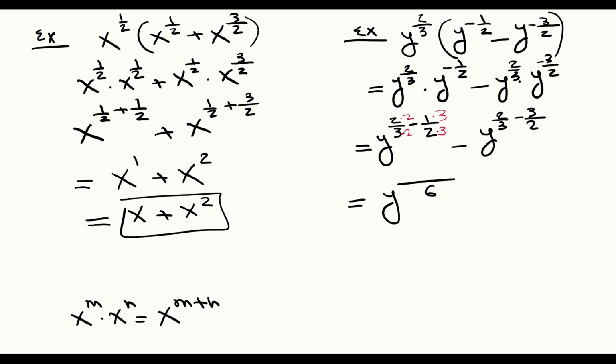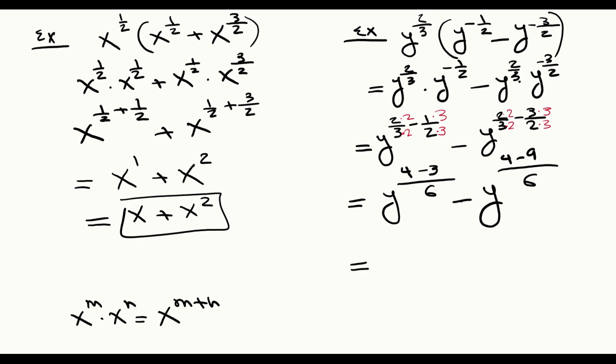And we're going to end up with y to the 4 minus 3/6 minus y to the, we need a common denominator of 6 as well. So we're going to require a factor of 2 on the top and bottom of the first fraction, and again 3 on the second fraction. So we end up with 4 minus 9/6 this time.